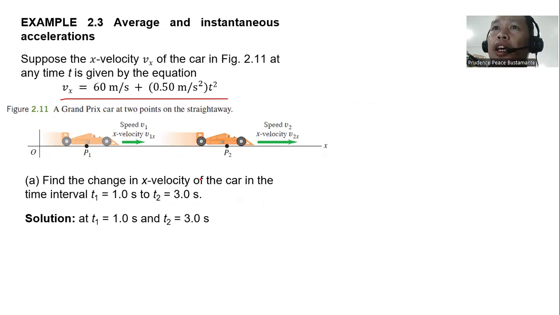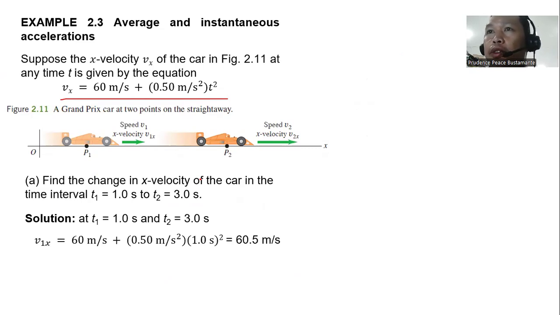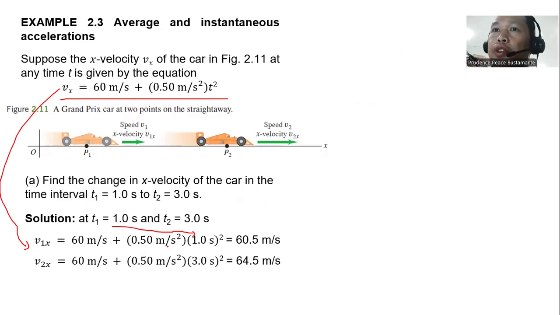Using this function, you can get the velocity at time t1 by substituting. So your v1x is 60.5 meters per second. Same goes for your v2x. You just replace with 3 seconds, so 64.5 meters per second. That is your final velocity.